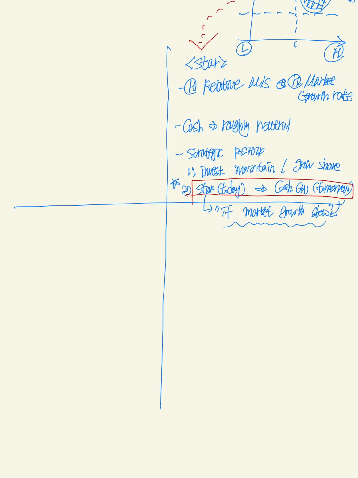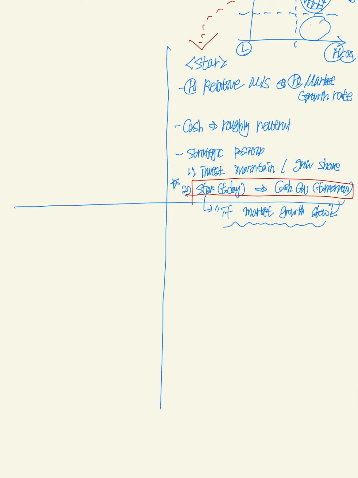Okay, let's go back. High relative market share but low market growth rate. Market growth rate is the y-axis, right? And relative market share is the x-axis. So cash cow is high market share but low growth.